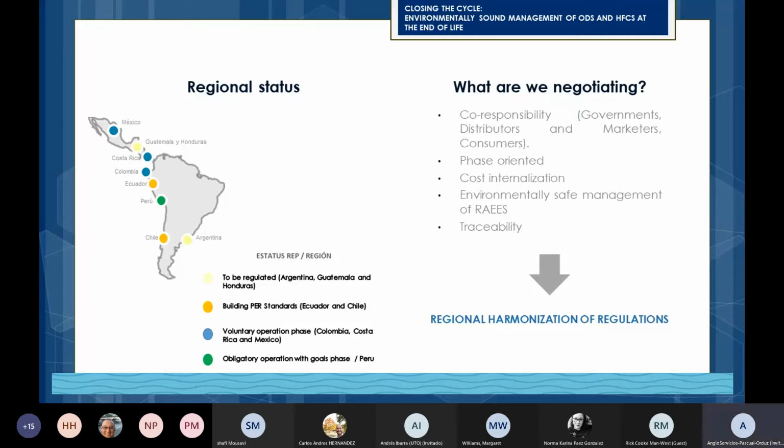And at the same time, we can generate and consolidate this type of work, again, together with governments and all other stakeholders. This is all under a regional harmonization of regulations. Next one, please.